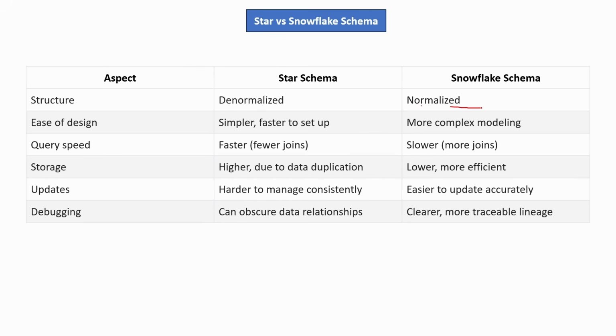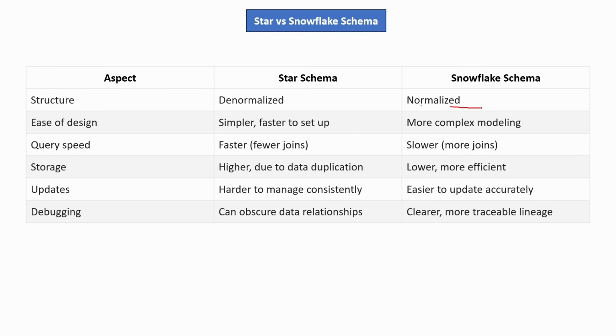It divides the data into more subtables. For one product, we will have other tables like product category and product brand as subtables, right? This makes the star schema flatter and easier to query, while the Snowflake schema more accurately reflects the real world hierarchies.